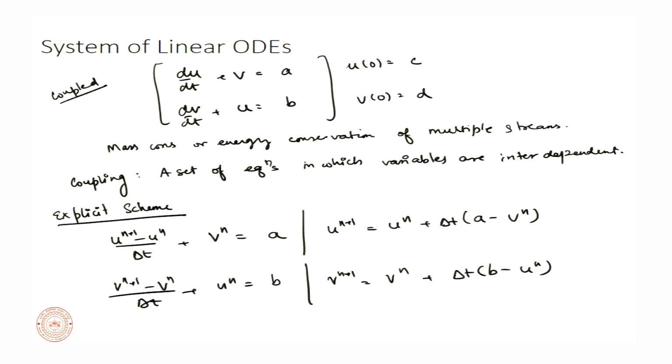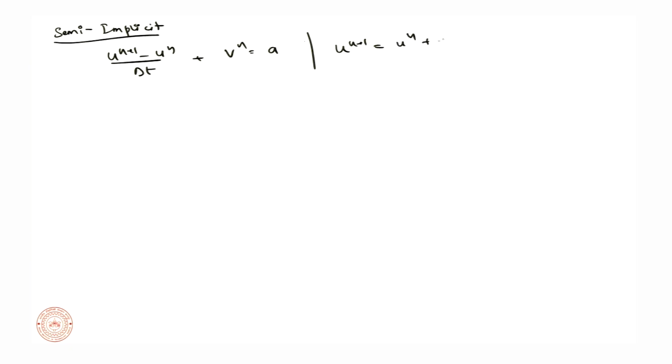Okay. Then you have your semi implicit or semi explicit scheme. So, you have the first expression as explicit. So, (u^(n+1) minus u^n) by delta t plus v^n equals a, which gives us u^(n+1) the same as last time, u^n plus delta t (a minus v^n).